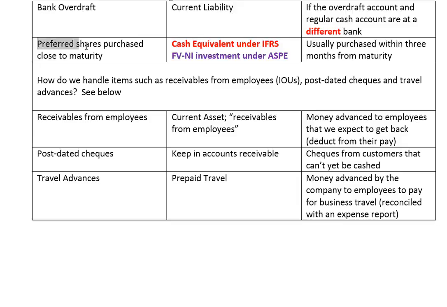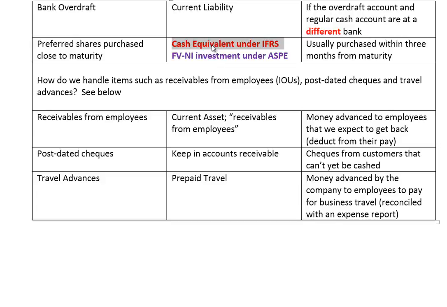One item we discussed before, you may not remember, so we'll refresh your memory here, is if a company goes out and buys preferred shares, and those preferred shares are purchased close to maturity. We consider them under IFRS, even though they're equity, to be cash equivalents. Under ASPE, because they're equity, they would consider them to be fair value through net income investments. So this is a little bit of an oddity under IFRS.